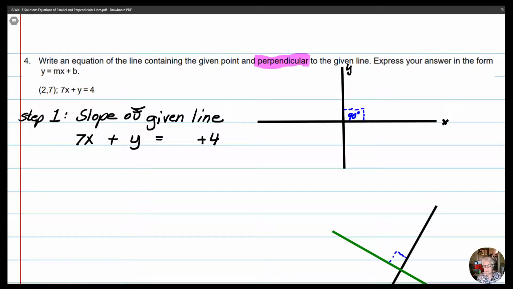Okay, I'm going to subtract 7x from both sides of the equation. That zeroes this out, leaving me with y. So this tells me that the slope of this line is negative 7.